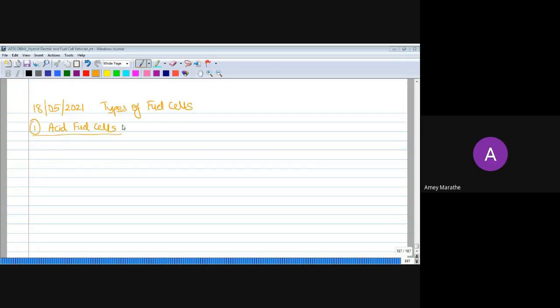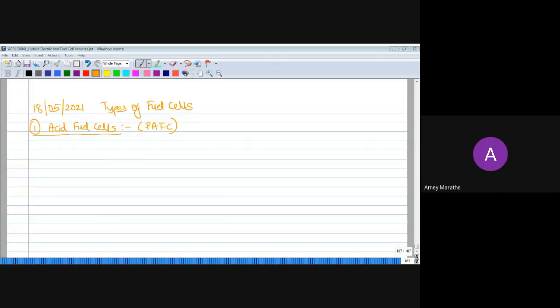Out of the list, we have something called a phosphoric acid fuel cell, PAFC. This is the generalized form, which is called the acid fuel cell.